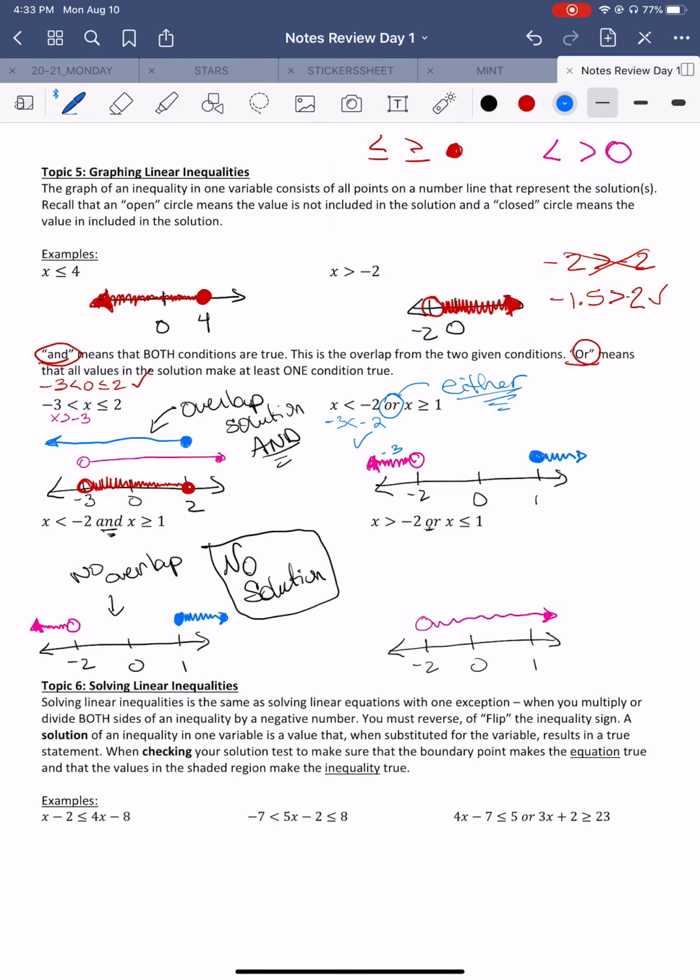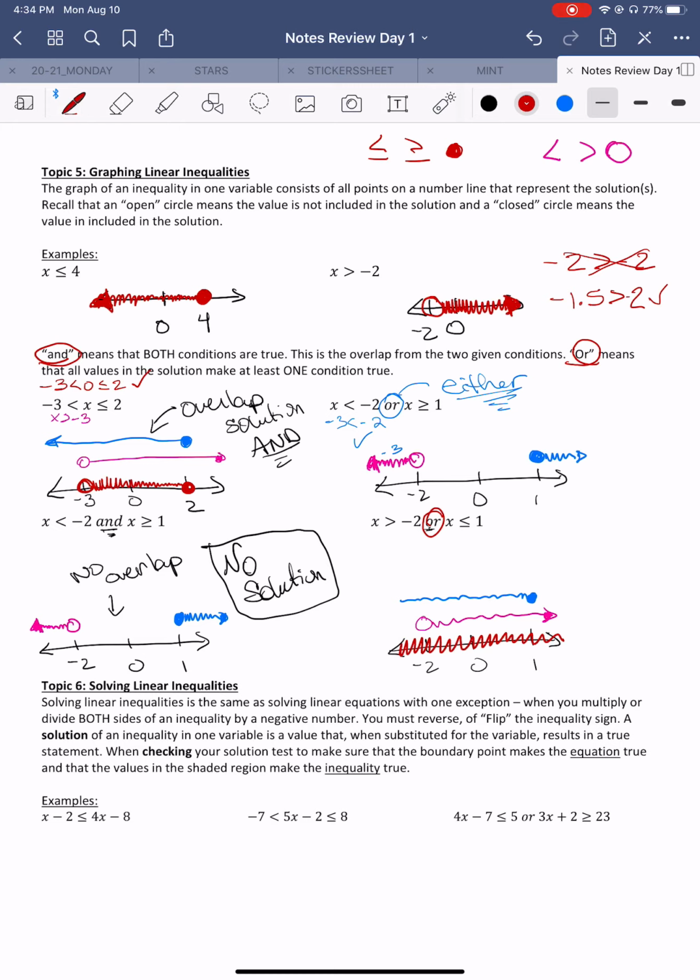Then we have closed circle at 1, everything to the left. Well, you might see that there is an overlap, right? But because our statement is or, that overlap does not matter. What we are seeing here is that everything on our number line is going to make our answer true.